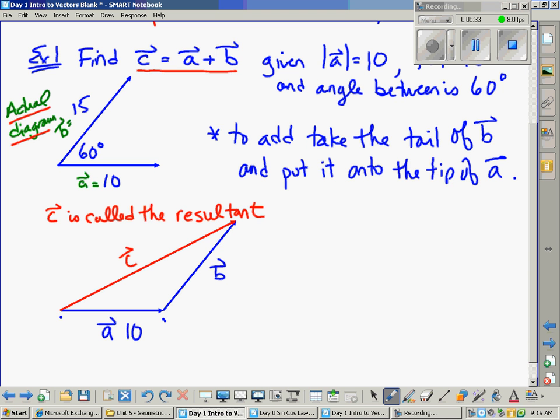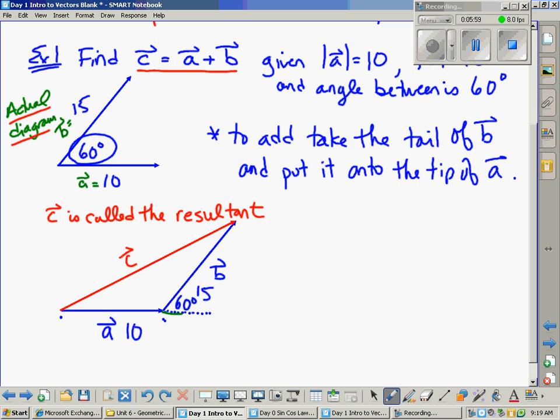But what I can do is sort of extend this on and create the angle that's in the picture. This 60 here can be duplicated right there. You'll notice it's the same stuff. This is along A, and this is along B. And there's along A and along B. That's 60 degrees.